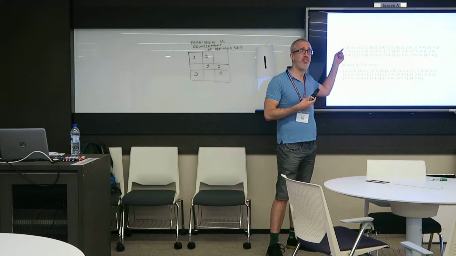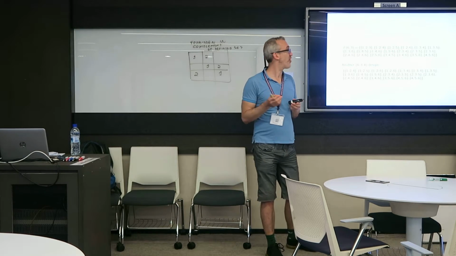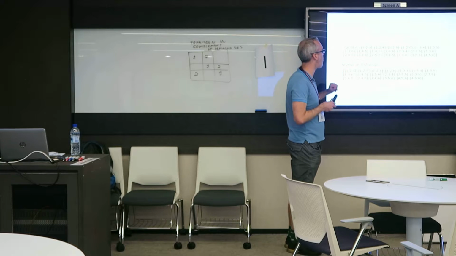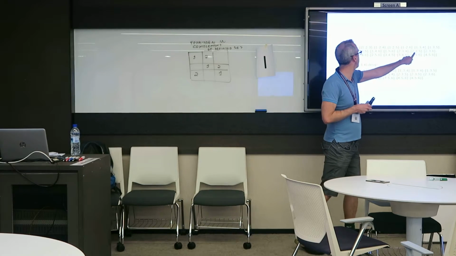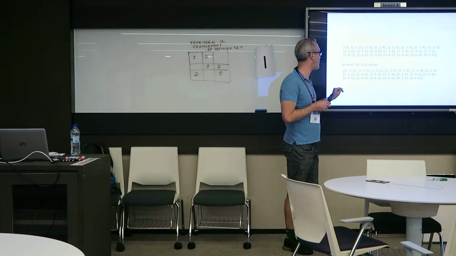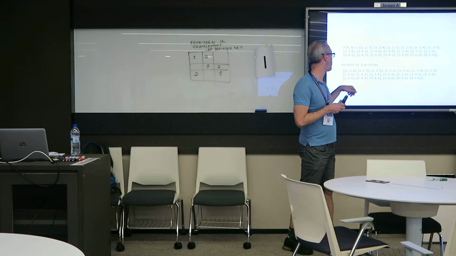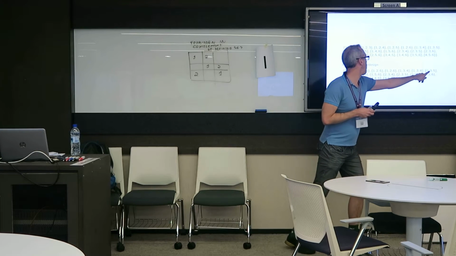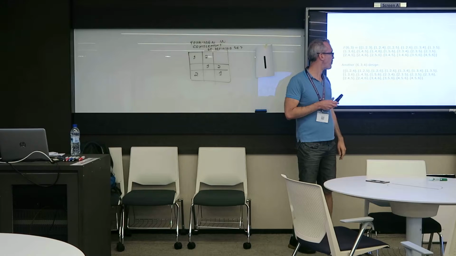Can somebody give me a pair of numbers between 1 and 6? 3 and 5. 3 and 5, so we should find them 4 times in both cases. So 3 and 5, we've got here, here, here, and here. It's 4 times. And 3 and 5 again should occur 4 times in here: 1, 3, 5; 2, 3, 5; 2, 3, 5; 3, 5, 6.